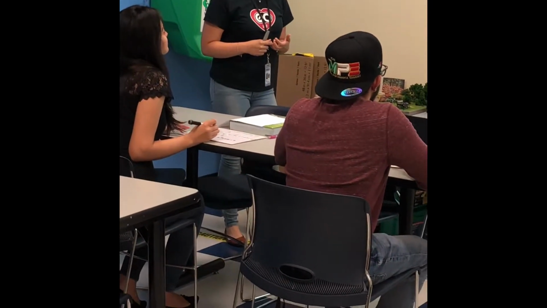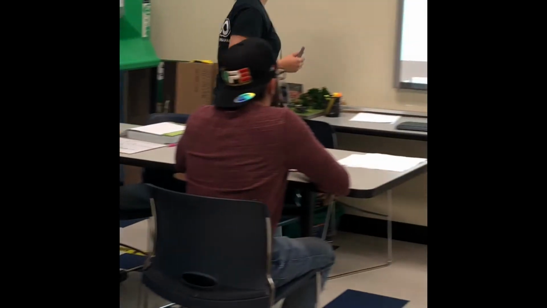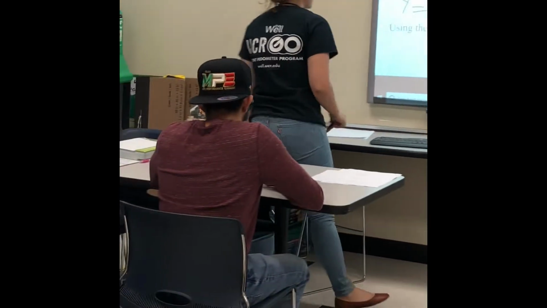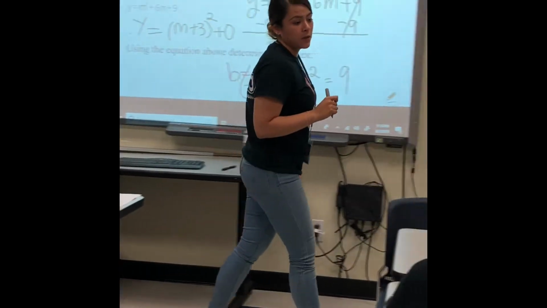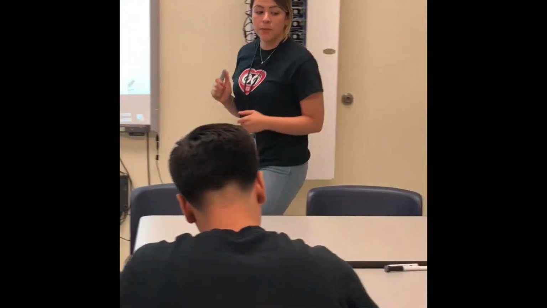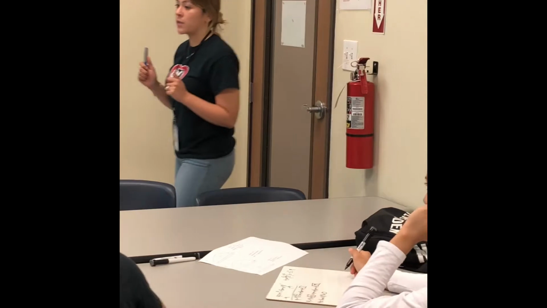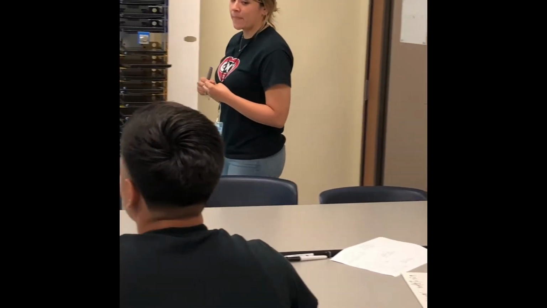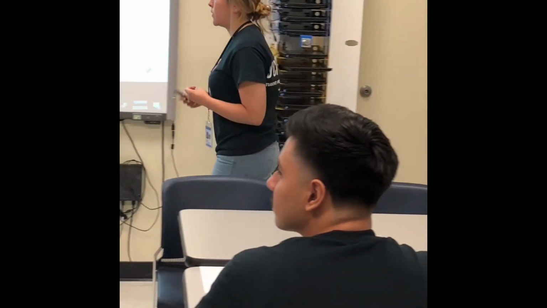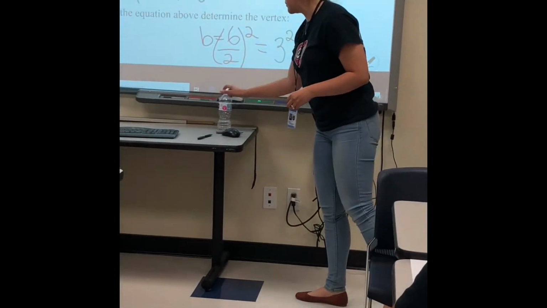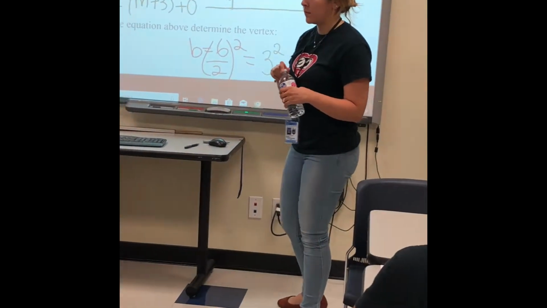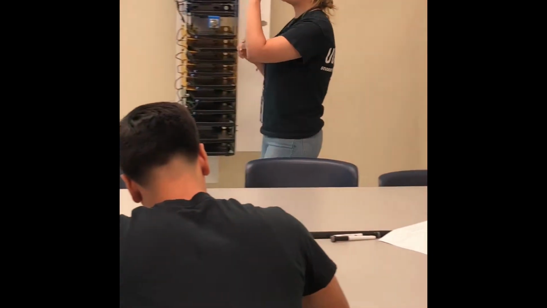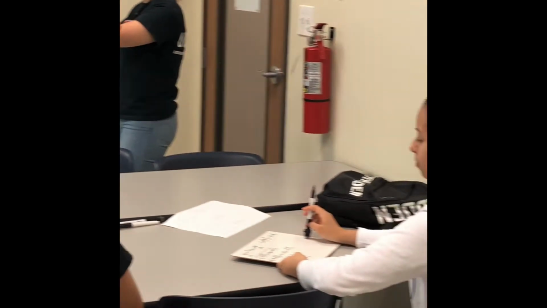So let's pretend that I didn't get rid of that 0, and I'll just place it here. Now I want you guys to take some time and try to determine the vertex, and once you determine it, write it on the whiteboard and show me your answer. So you're finding the vertex right now. One's going to be negative 3, 3, I think.